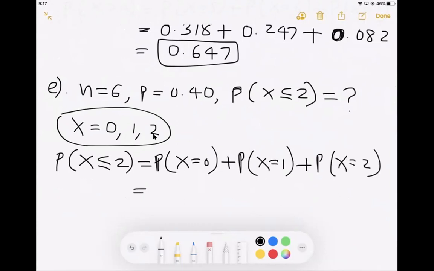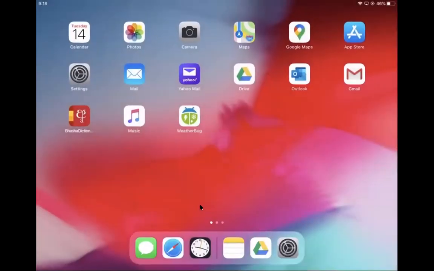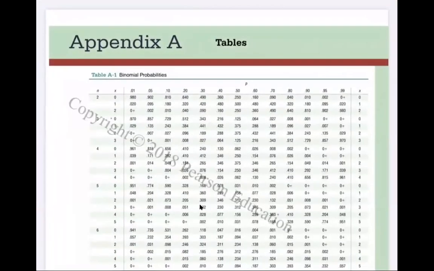Now separately find these three values using the table. n is 6, p is 0.4. Likewise, we can find, I will see. Okay.